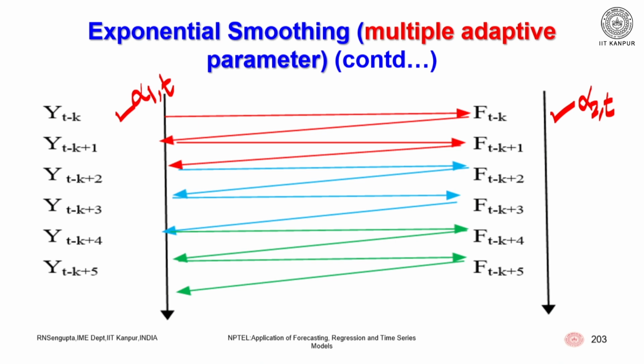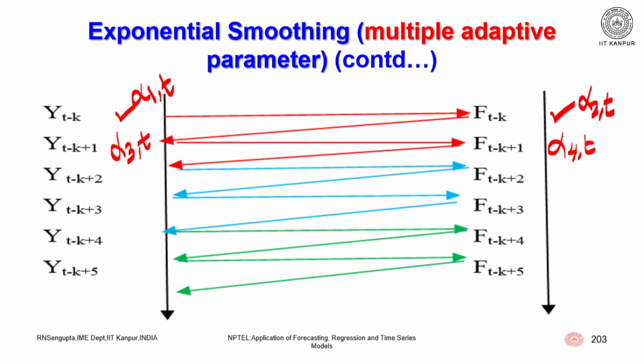Similarly, the third value is y t minus k plus 1, so that will have a parameter alpha 3 comma t, and the last value which you will have is basically f t minus k plus 1, the corresponding parameter is alpha 4 t. So, utilizing that, you would basically predict the value for the next time period, which would be f t minus k plus 2. You are going one step forward.